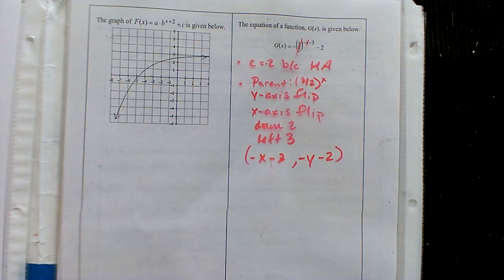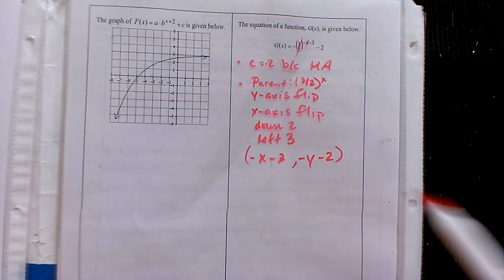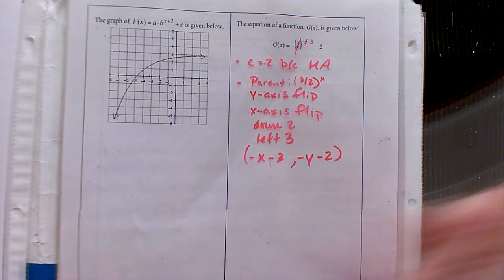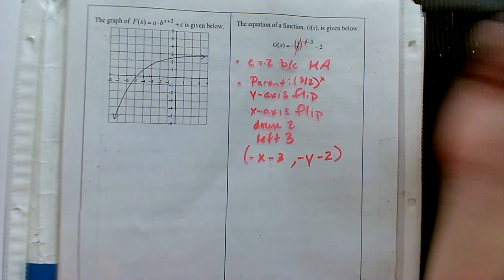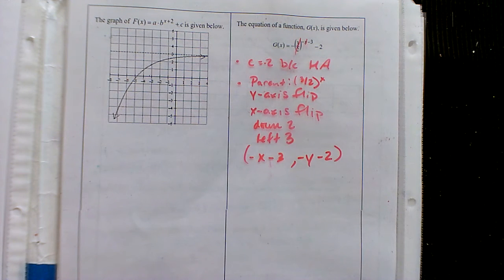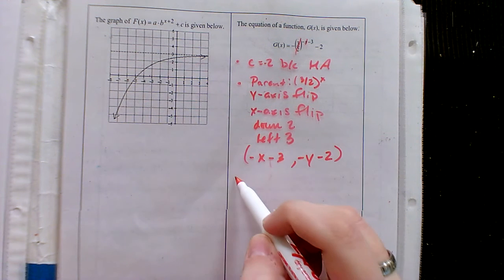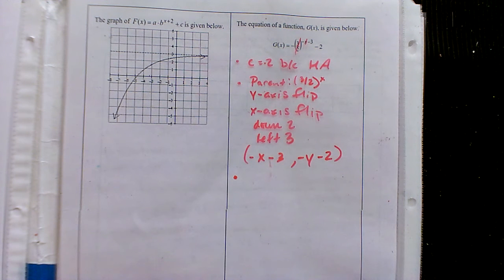Alright, what are some other things we can identify about what this graph might look like? Yeah? B is greater than 1. Okay, so it had the 3 halves. So it's starting as a growth if the base is bigger than 1. Can we determine what the ending graph is?